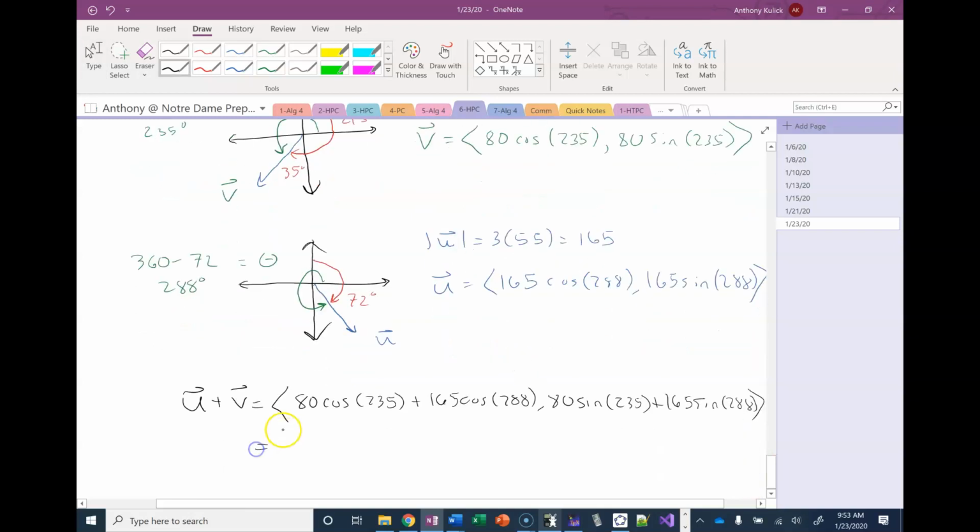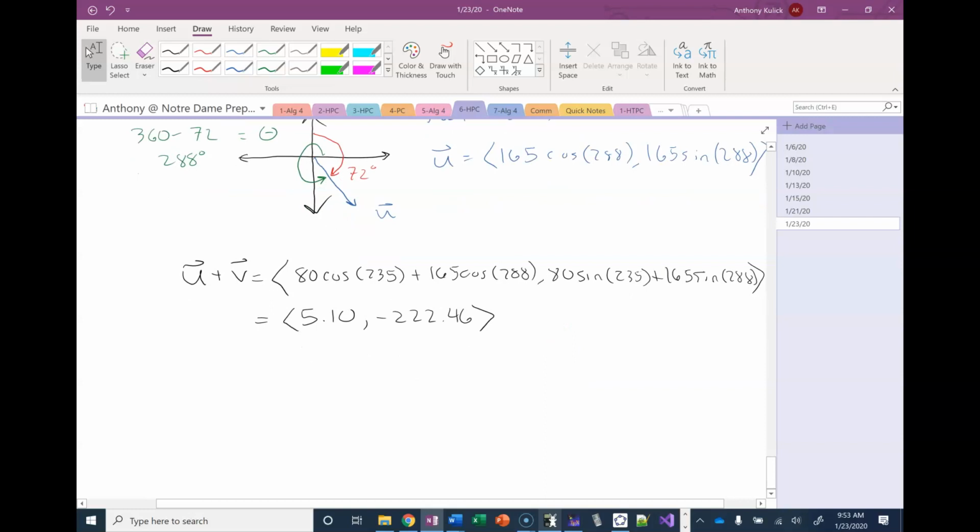And when I type that into my calculator, I get 5.10, negative 222.46. Why didn't you solve for the numbers before? Why did you keep them as expressions? Because I didn't want to take out my calculator more than once. It doesn't really matter. You could have solved for numbers earlier.